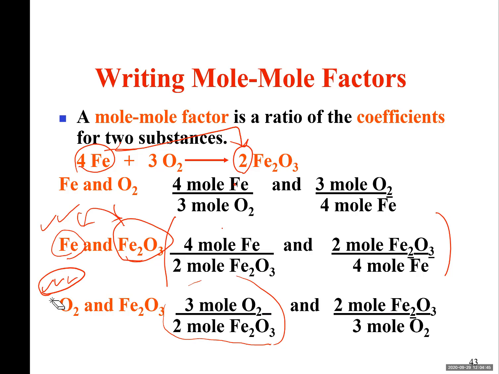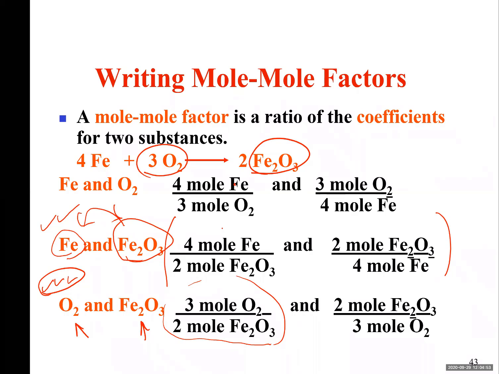We are trying to understand the relationship between the number of moles of oxygen and Fe2O3. So this is oxygen and this is Fe2O3. Can I say every 3 moles of oxygen can produce 2 moles of Fe2O3 based on these 2 numbers?